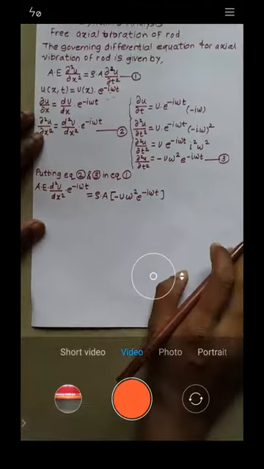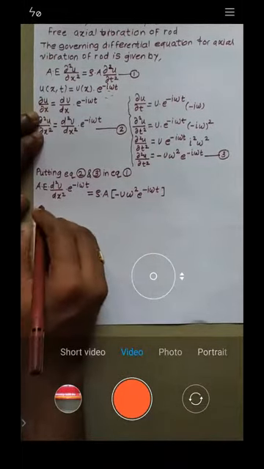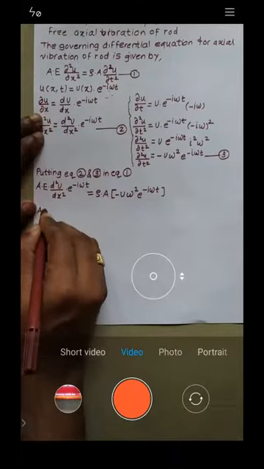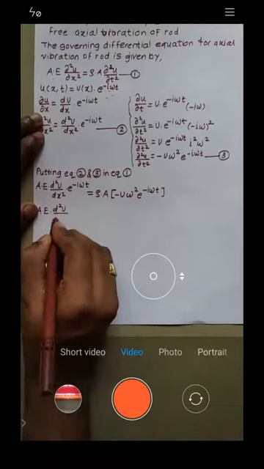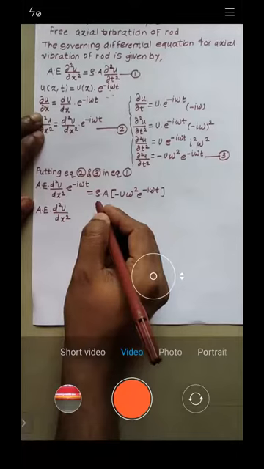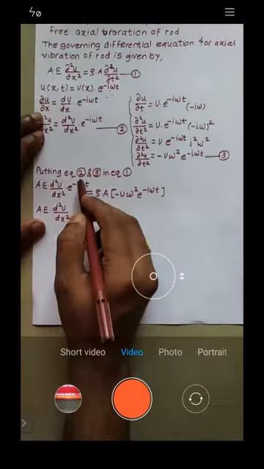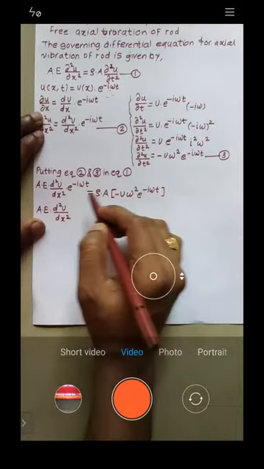Now I am going to write this equation as it is: AE d²u/dx². Now you can see e raised to power minus iωt is on either side, so they will get cancelled.